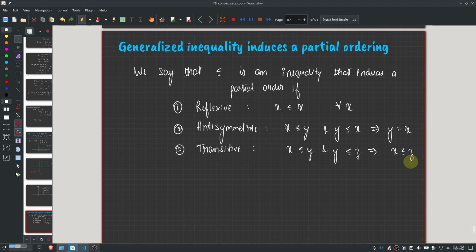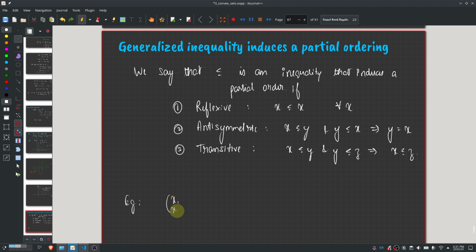Before seeing what constitutes inequalities that induce partial orders, let's see an example of something which does not give you a partial order. Okay, so consider, let's say, an inequality on pairs.